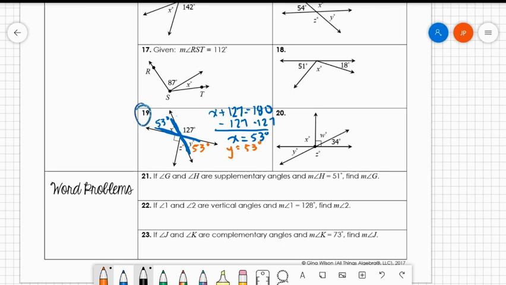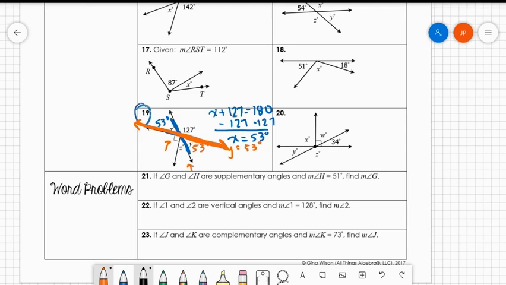And then the last piece, which is probably maybe the hardest one to see, is what's going on right here. I got this line right here, I know over here that this is 90 degrees.